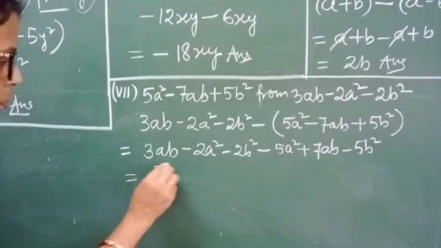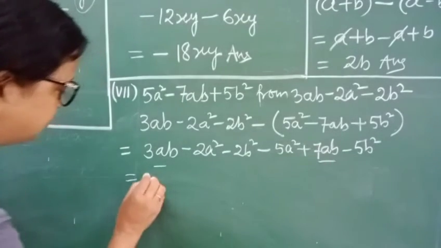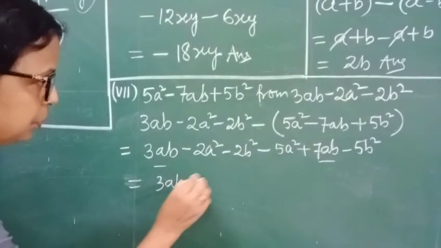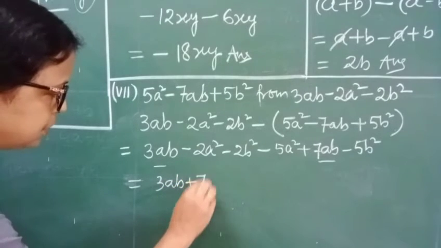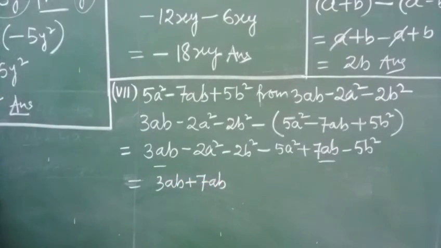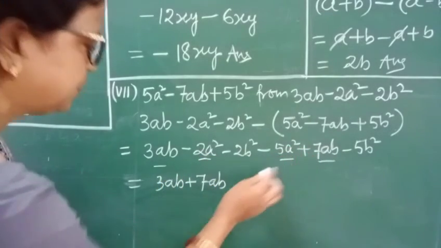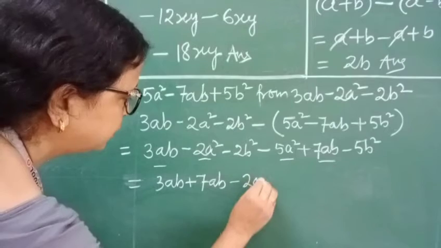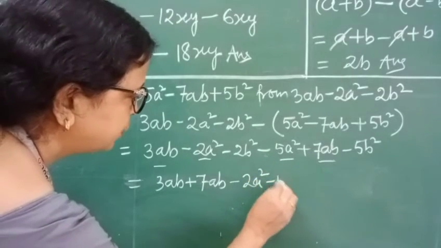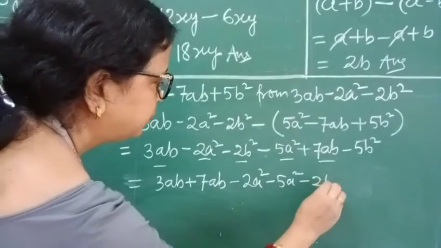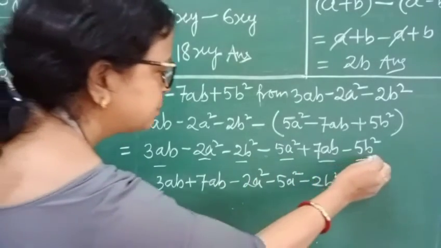After that, 3ab and 7ab, we will arrange them because they are like terms. Then minus 2a square and minus 5a square, and minus 2b square and minus 5b square.